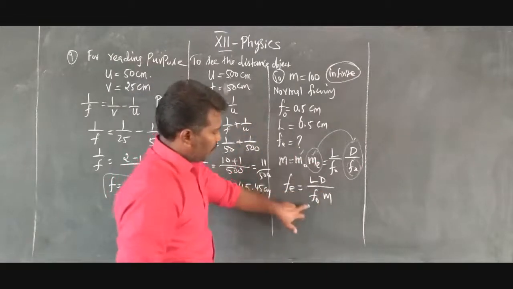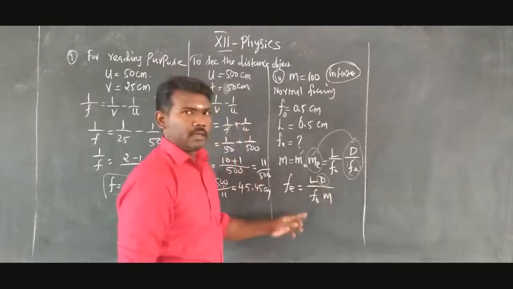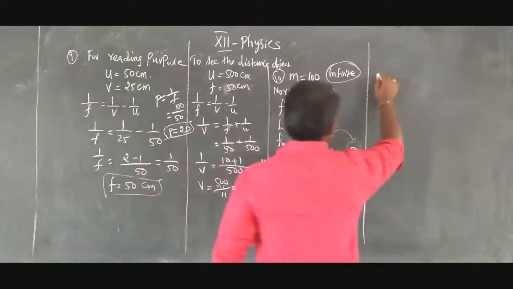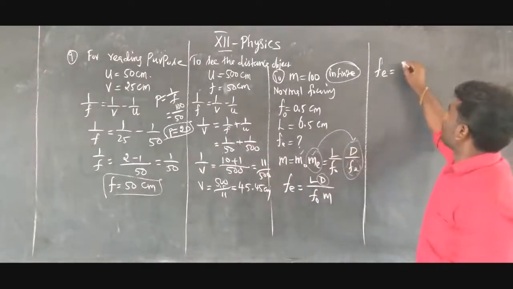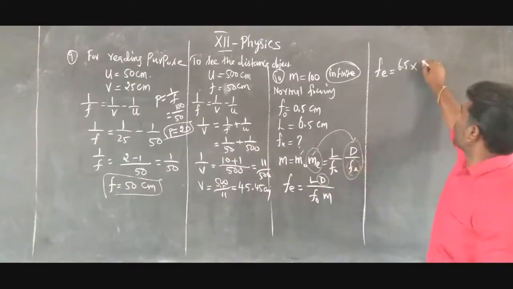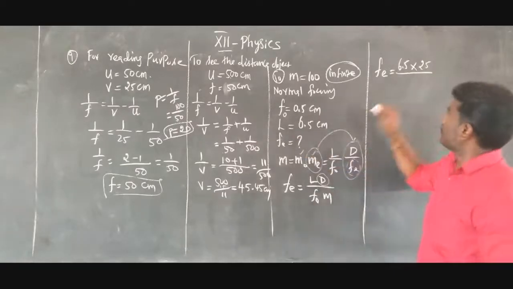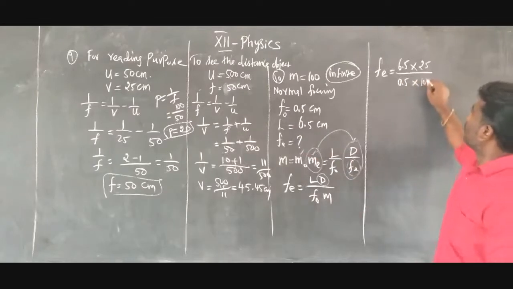L value, F naught value, M value are given. D is nothing but 25 centimeter. So we can apply all the values in the given formula. FE is equal to L value 6.5 centimeter and D value 25 centimeter, divided by F naught value 0.5 centimeter and M value 100.